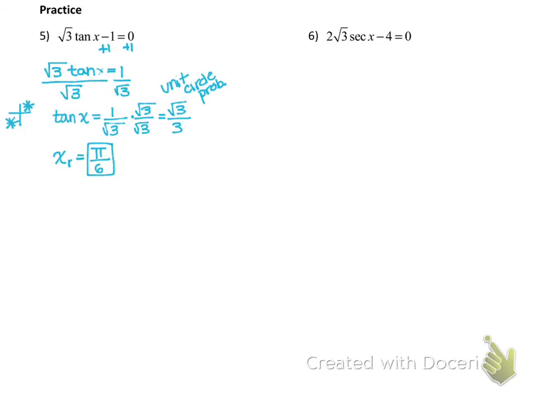And since we need a solution in quadrant 1, my reference angle happens to also be a solution. So then to get our second one in quadrant 3, we're going to take pi and add pi over 6, which gives us 7 pi over 6, which is the solution that puts us in quadrant 3.